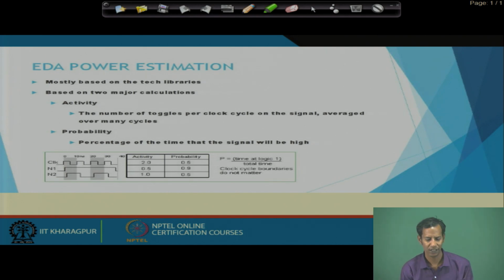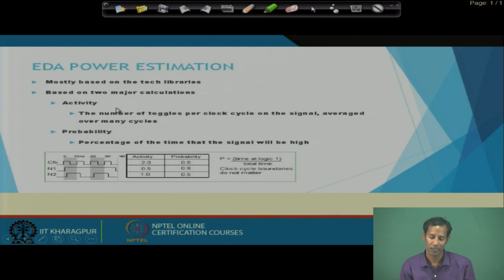Activity is the number of toggles per clock cycle on the signals, averaged over many cycles. The probability is the percentage of the time that the signals will be high. Based on these two, the tool calculates the overall power consumption.